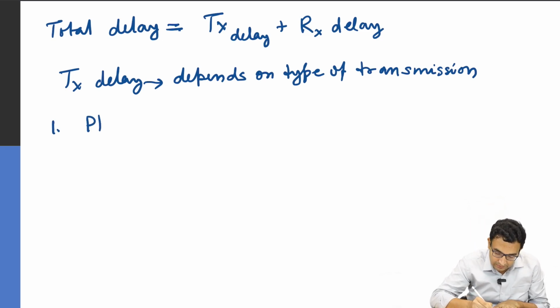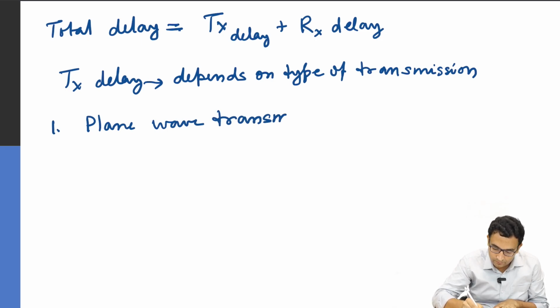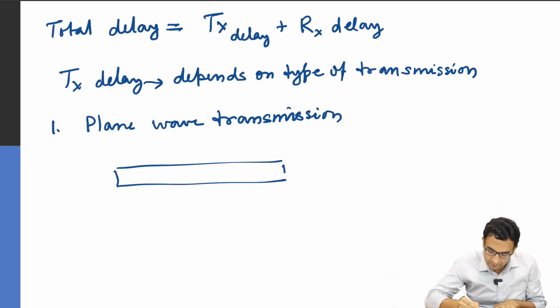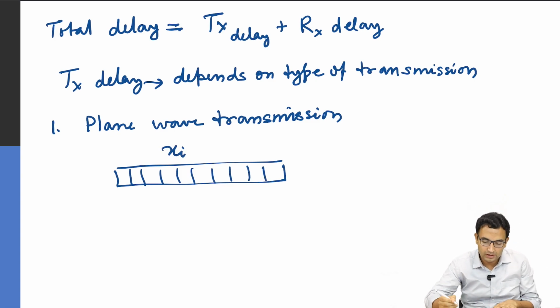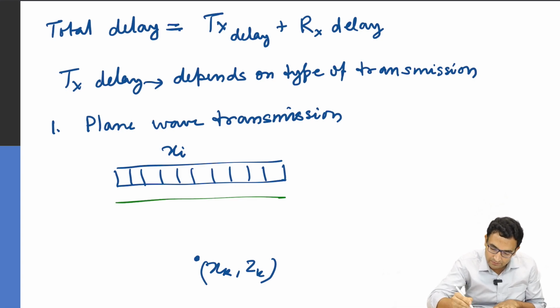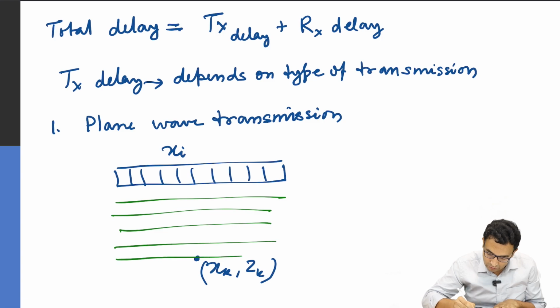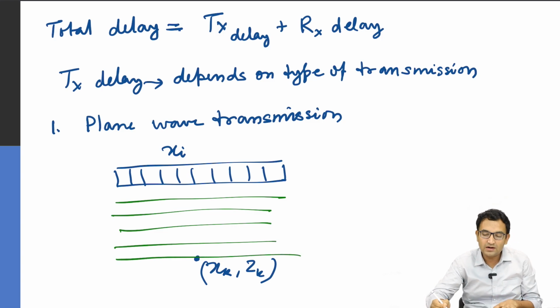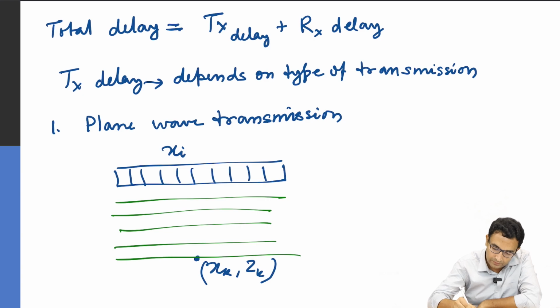So first let's consider plane wave transmission. So here again we have some elements and xi is at any particular location of an element, and here you have a pixel xk comma zk. Now it turns out as this is a plane wave, the entire wavefront will arrive at this point at the same time, right?